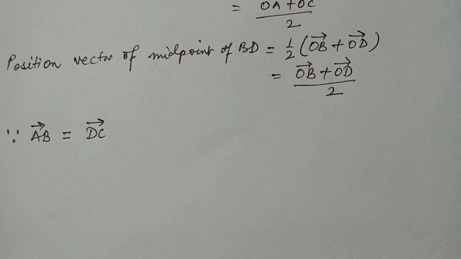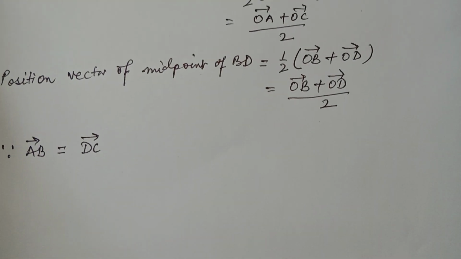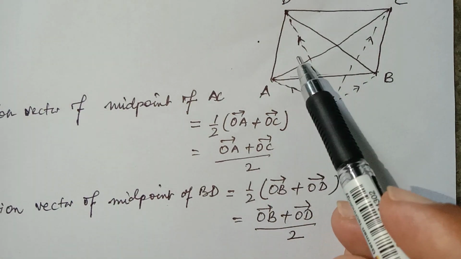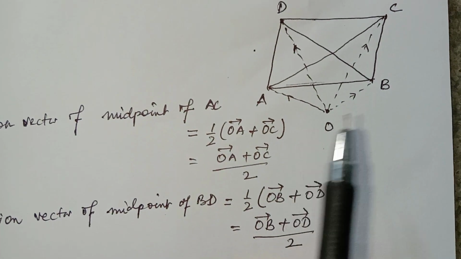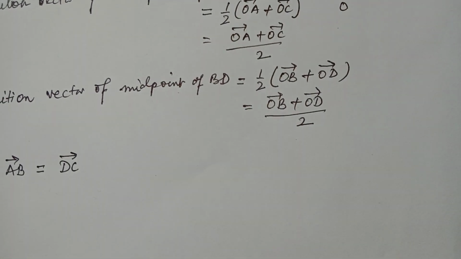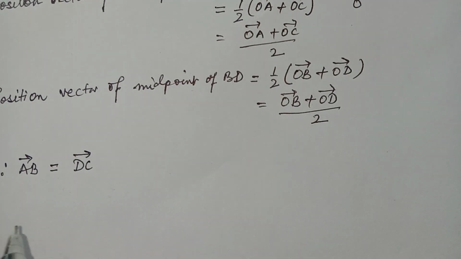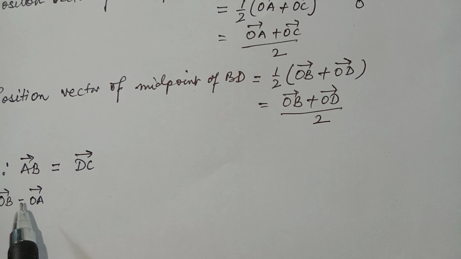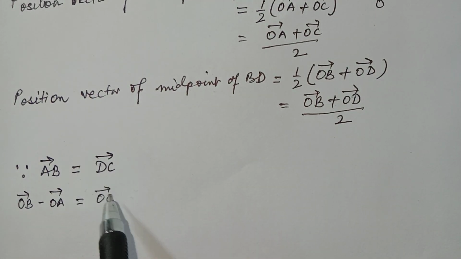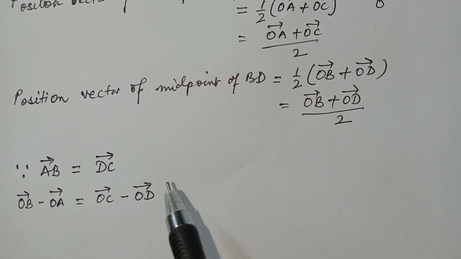And what are vector AB and vector DC? AB vector is OB minus OA, and DC vector is OC minus OD. So OB minus OA is equal to OC minus OD.